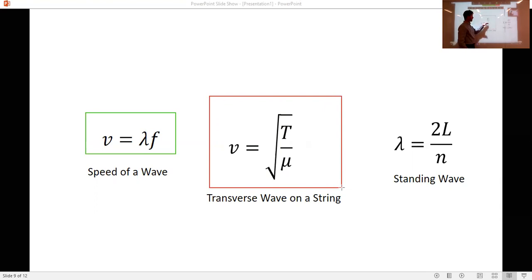The velocity is equal to the square root of the tension divided by the mass per unit length. By the way, folks, I've already determined the mass per unit length for you, and it's 3 times 10 to the minus 4 kilograms per meter.